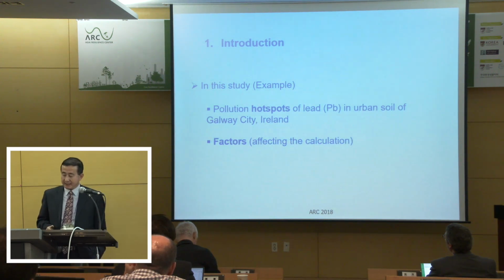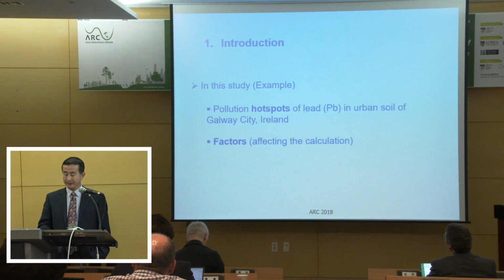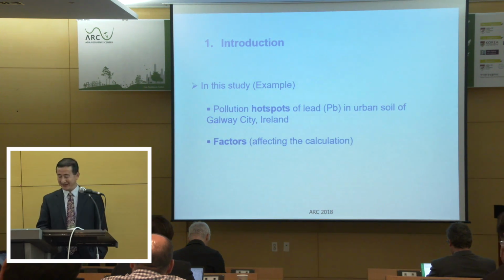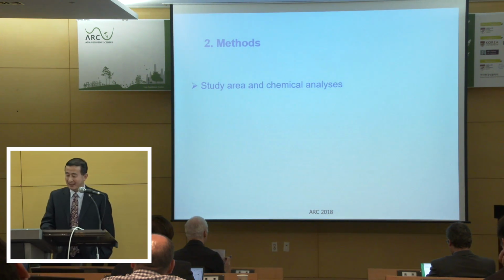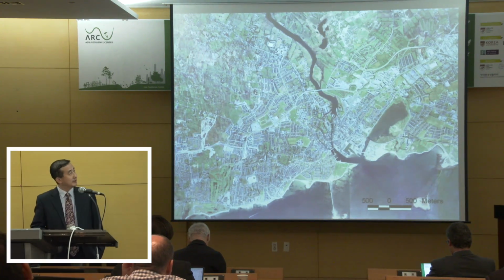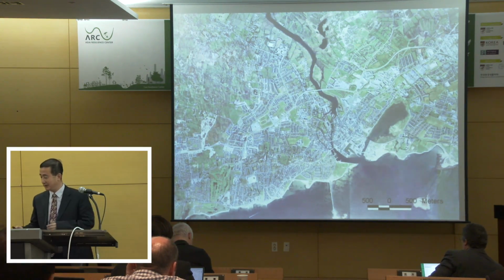I'm going to use the data of lead concentration in Galway City as an example, but you can think about your own data. It doesn't have to be lead in Galway. Perhaps it's your city or different elements. Now, this is the study area in Galway, in Ireland. Galway is the European Capital of Culture 2020.